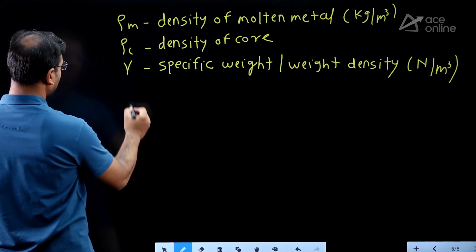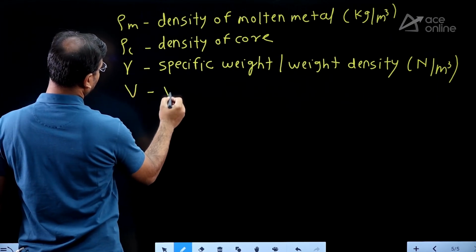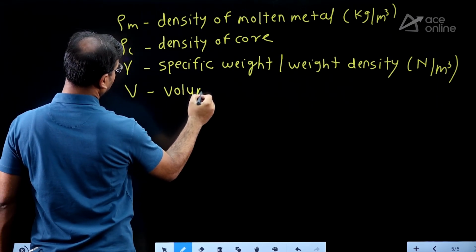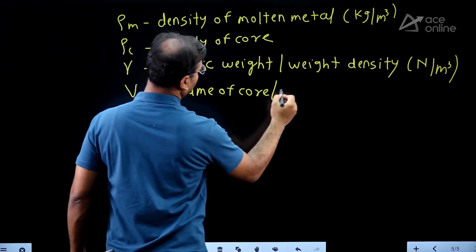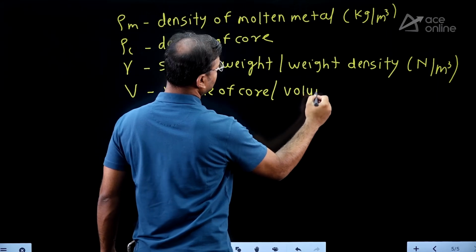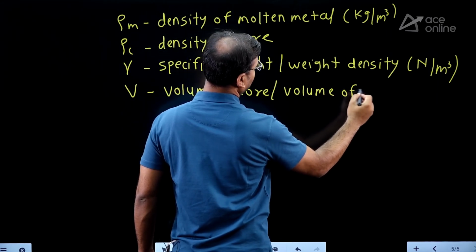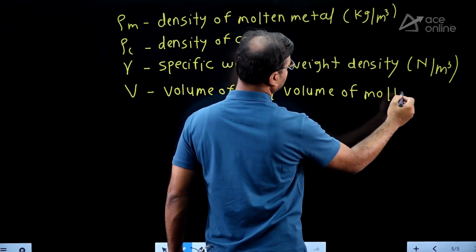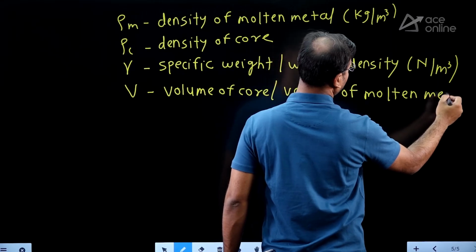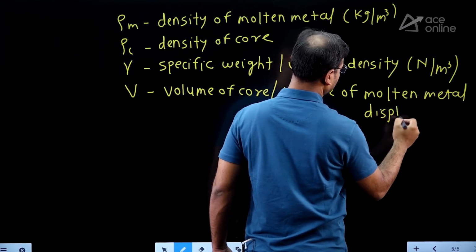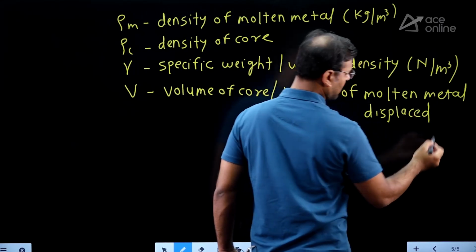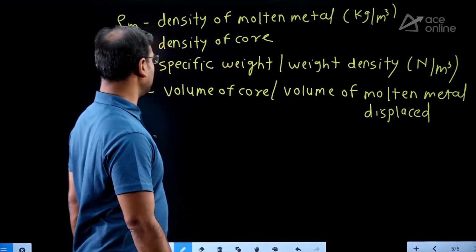Then capital V is the volume of core, or also the volume of molten metal displaced.